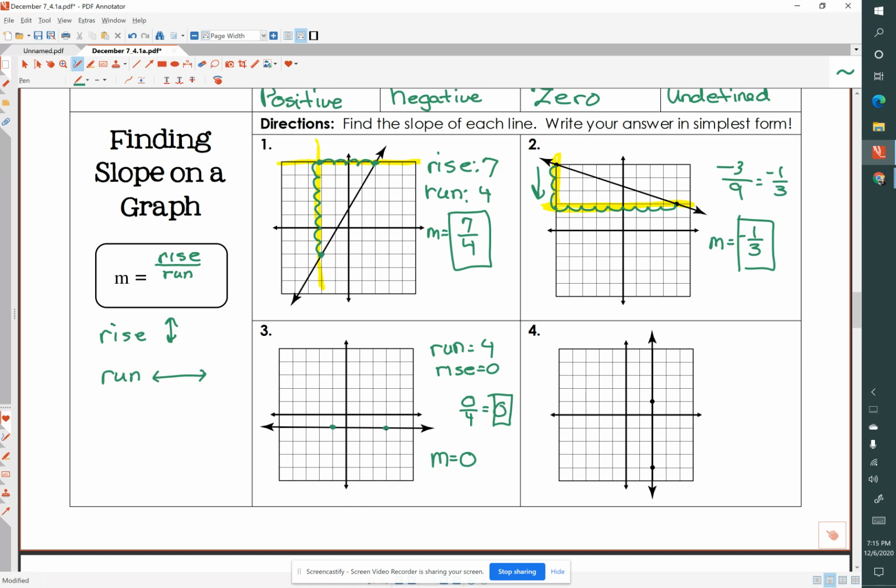Now on number 4, we have a vertical line, and they've given us 2 points. So we have a rise of 1, 2, 3, 4, 5, but the run is 0. So when we have 0 in a denominator, that means that the slope is undefined.